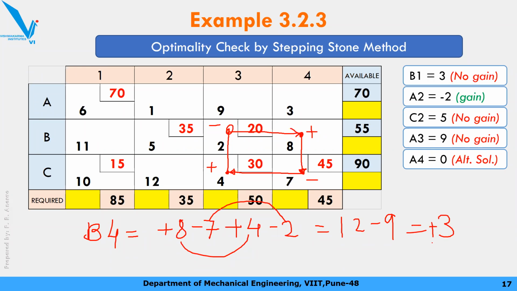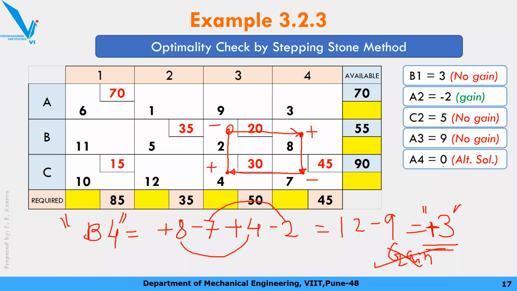It's a positive 3. As soon as you see a positive improvement index, there is no need to change your allocation for that cell because you will not have any kind of gain here. Our ultimate aim is to minimize the transportation cost. If we allocate at B4, we are actually increasing the cost of transportation because of a positive improvement index.